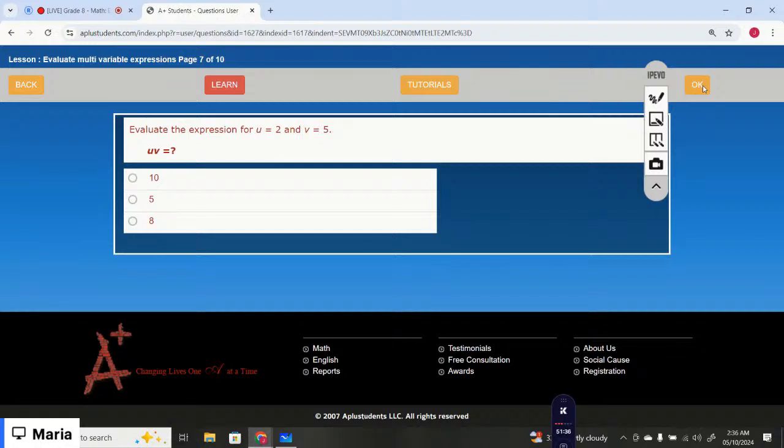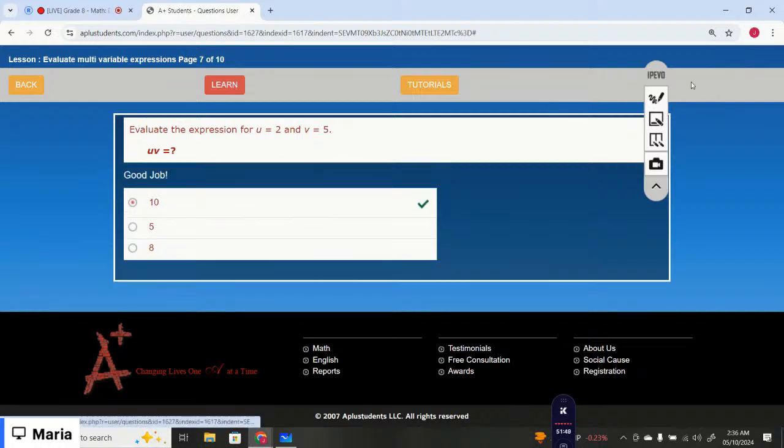Yes, you have to evaluate. You are given v equals 5 and u equals 2. That is uv, you need to multiply them. You have to do 5 times 2, that is 10. The correct option is option number 1.